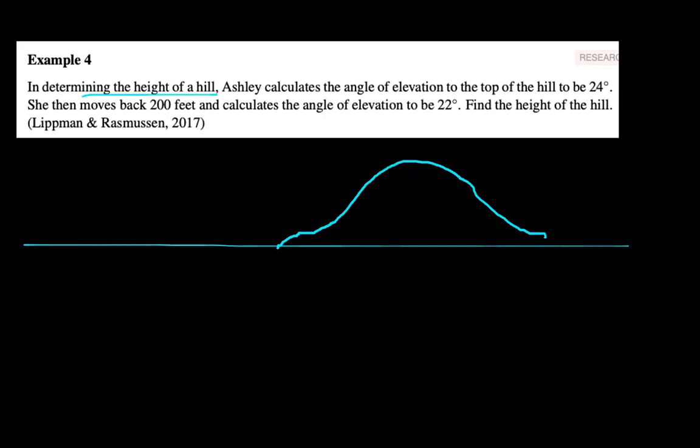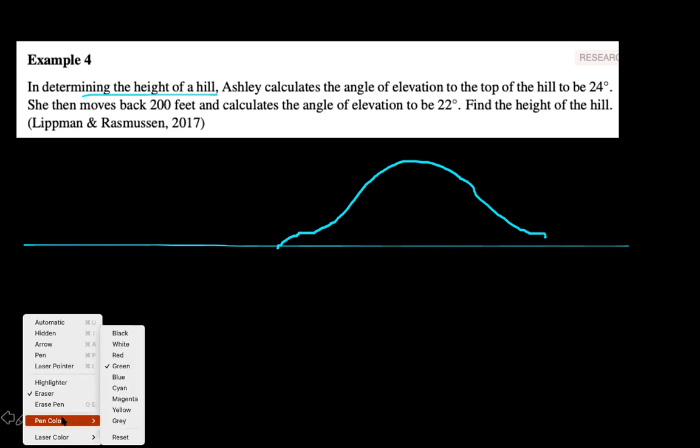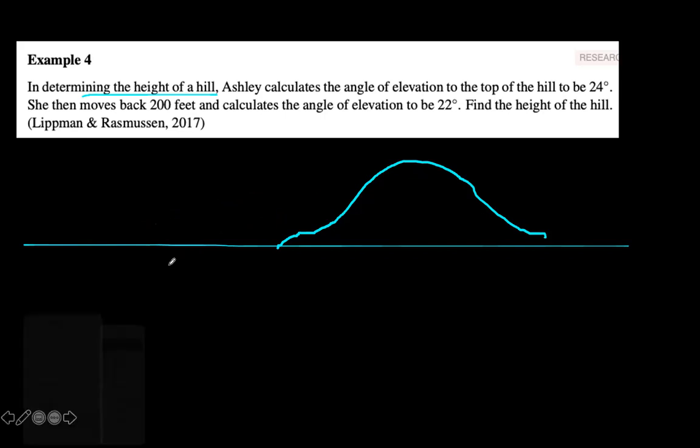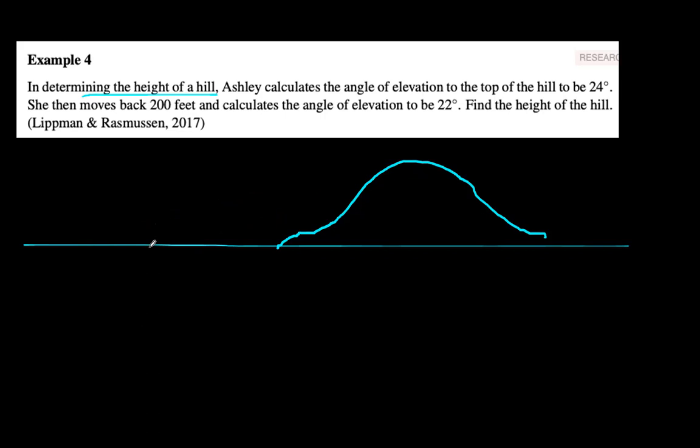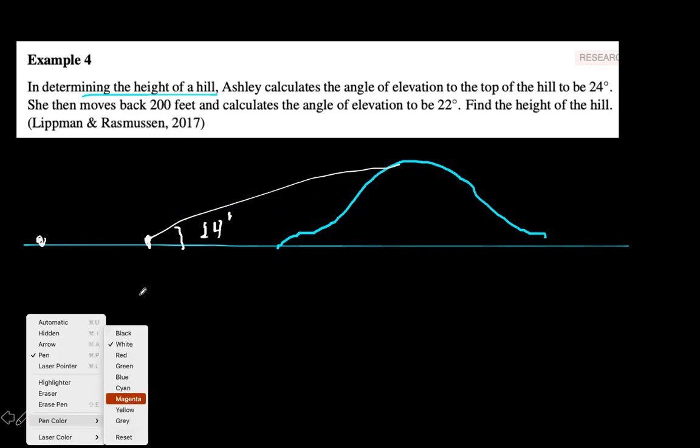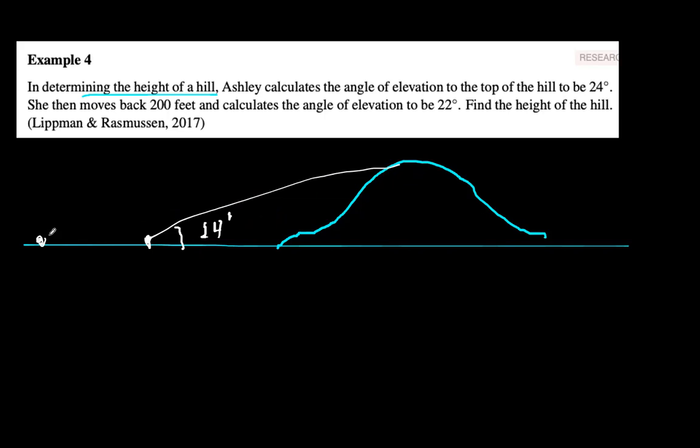Okay. So, let's move on. Let's try doing it. Okay. So first, Ashley is here. And the angle of elevation is equal to, with horizontal palagi, 24 degrees. All right. And she then moves 200 feet backwards, and with an angle of elevation of 22 degrees.